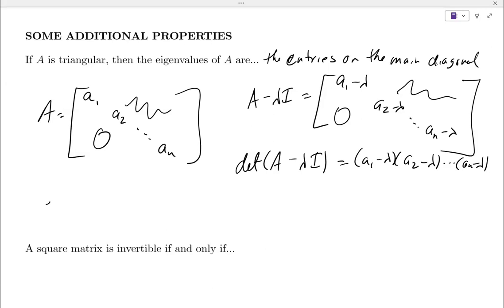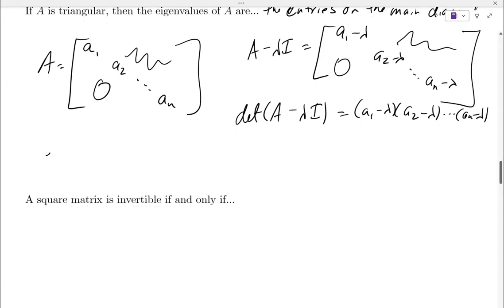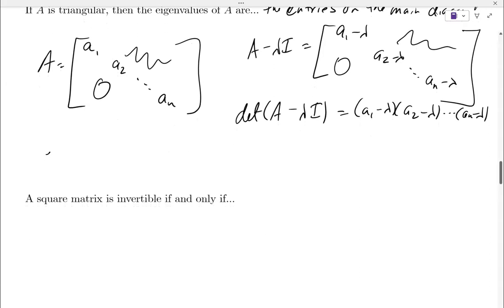A square matrix is invertible if and only if what has to happen? Let's think about what's going to happen here. What is a numeric check for whether or not a matrix is invertible? Yeah, the determinant is not equal to 0, right? Agreed? Okay.